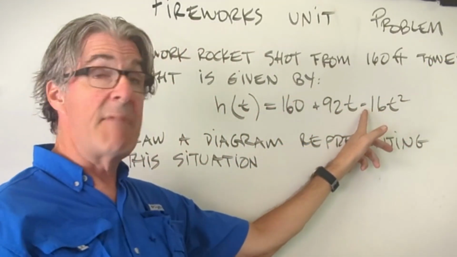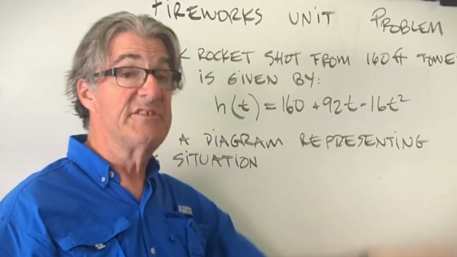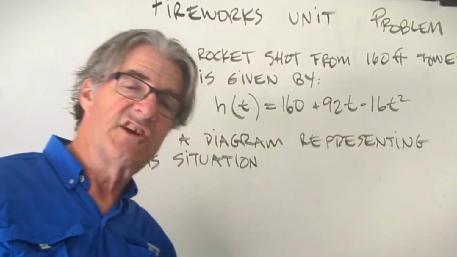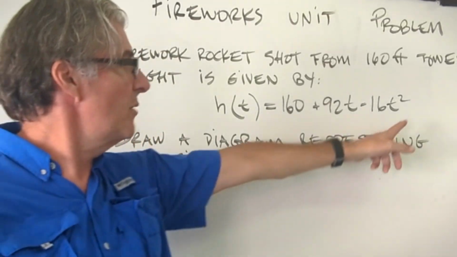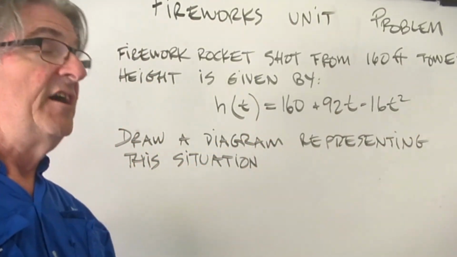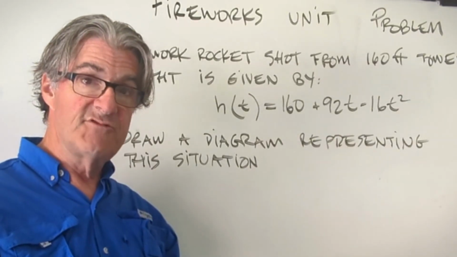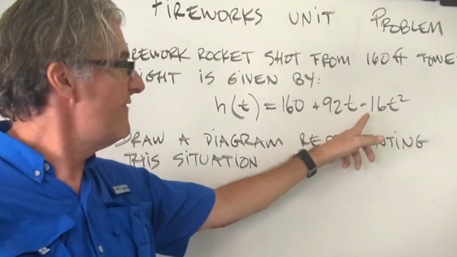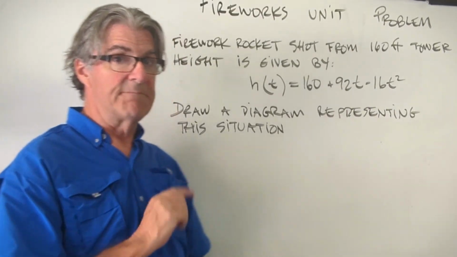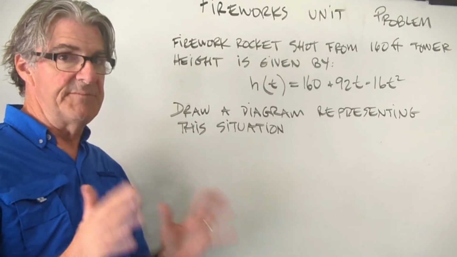So that's why this is a minus. And then the squared is that because gravity is an exponential force, and it's going to pull it down faster and faster and faster. So that's why we have a squared there. Any function on Earth that's tracking like a thrown object or a launched object is going to have a minus 16t squared.